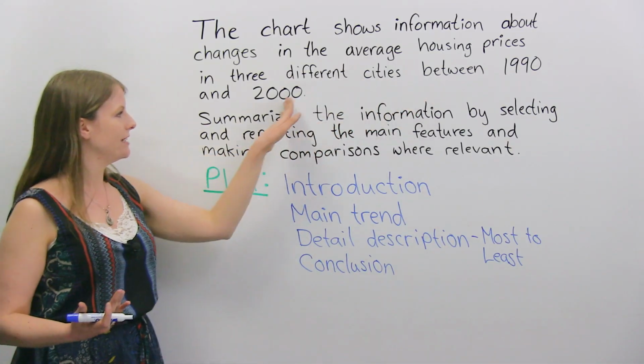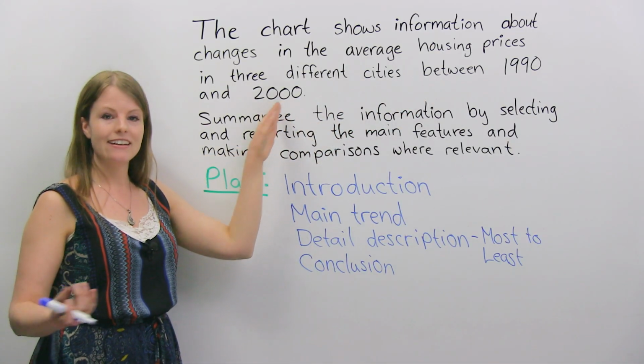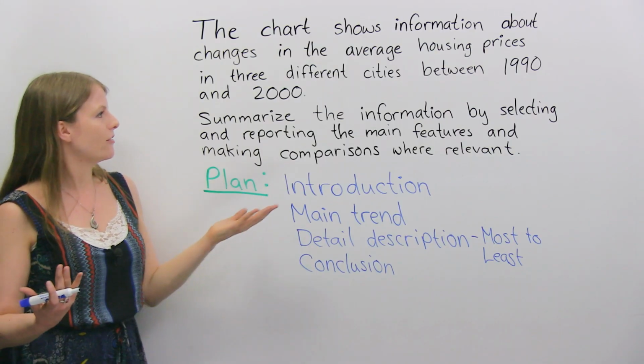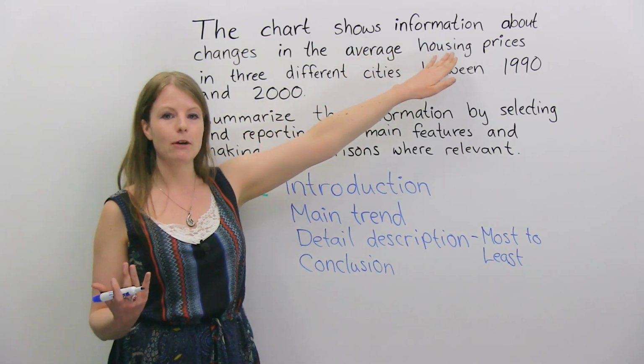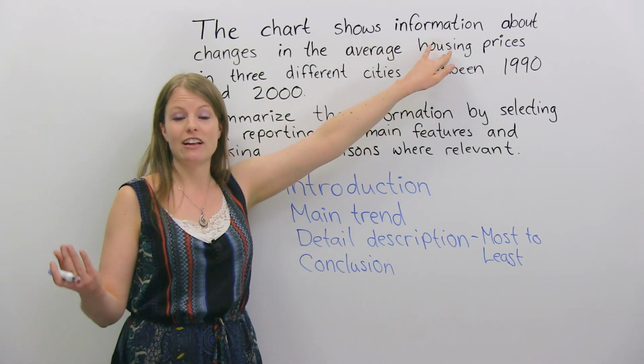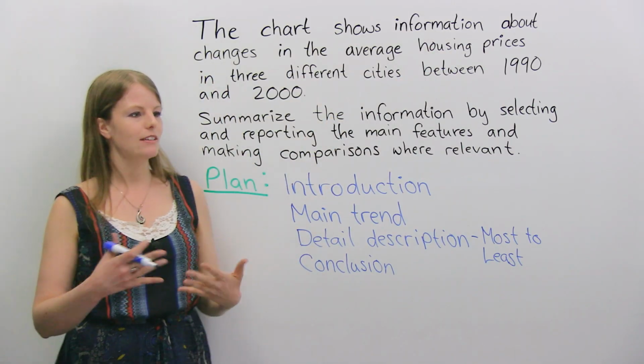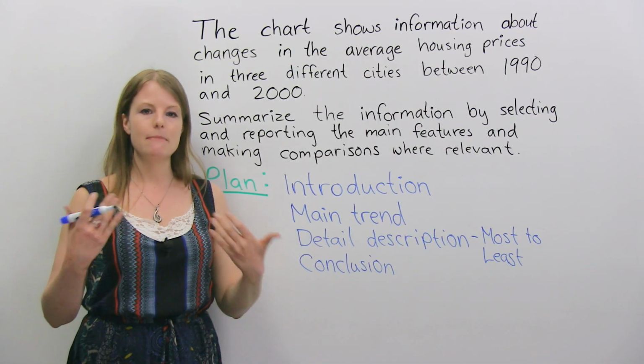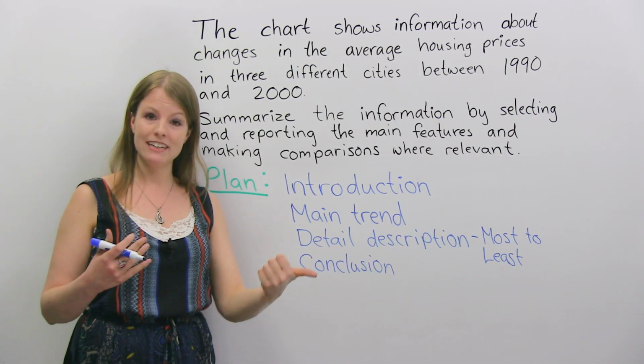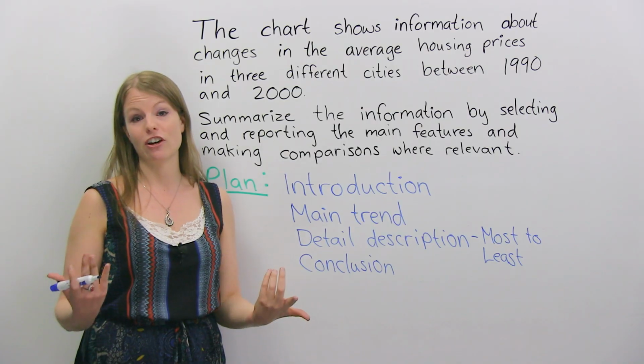You'll also have to include details about the dates, but you can change some of these words around. Instead of average housing prices, maybe you could change that to the price of housing. So there are different things you can do. The main point here is to change the wording and change the sentence structure if you can.